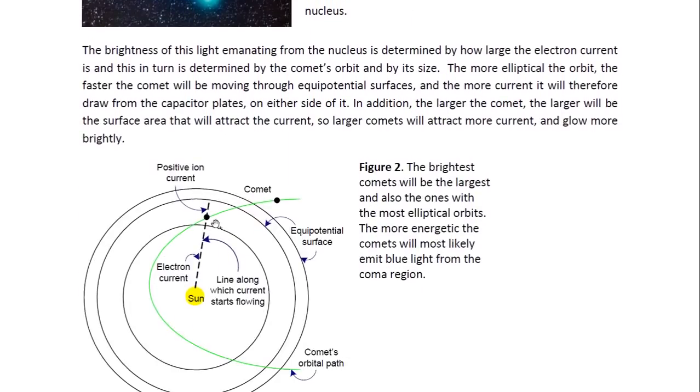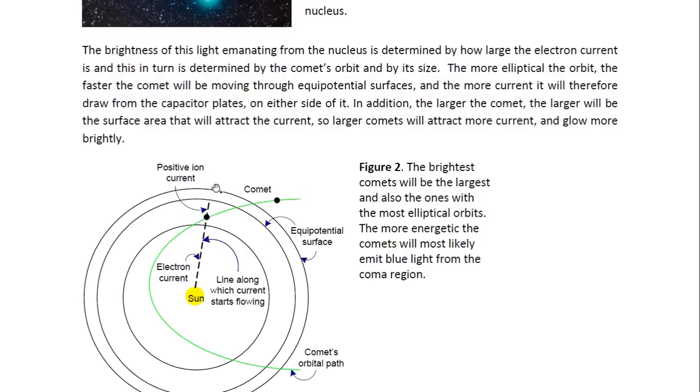So here we see a comet entering the solar capacitor, or the solar system, and it will cross equipotential surfaces, or surfaces that have the same potential all along them. And as they cross the different surfaces, the capacitor discharges. That is, it charges the comet, discharges the capacitor itself.